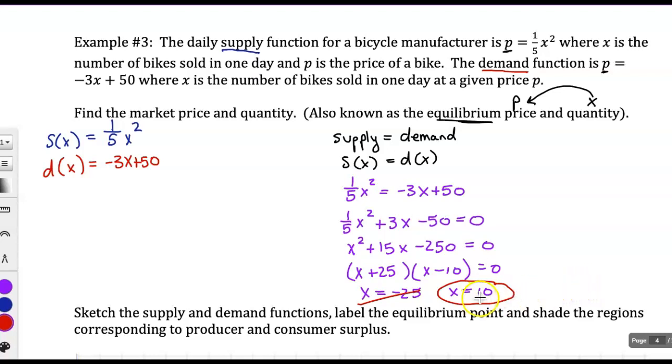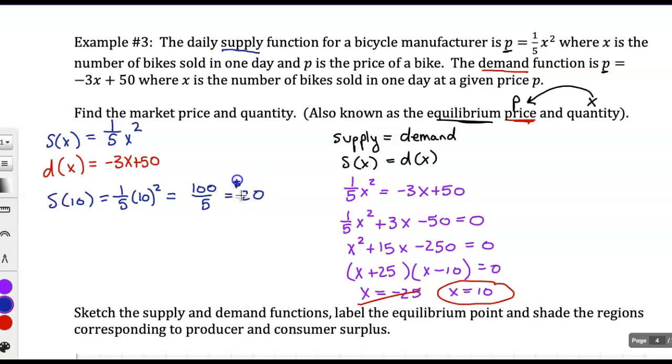Well, if X equals 10, we need to figure out the equilibrium price. So to do that, you could either do S of 10 and get 1/5 times 10 squared, which is 100 over 5, which is 20.